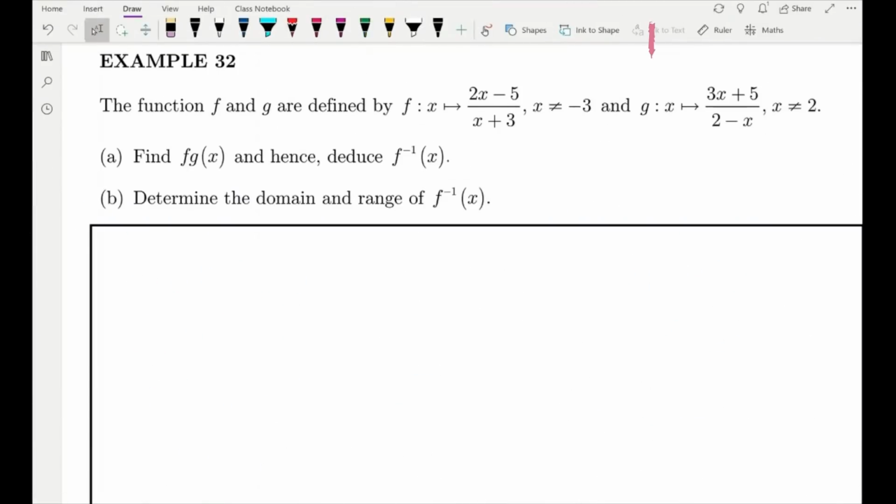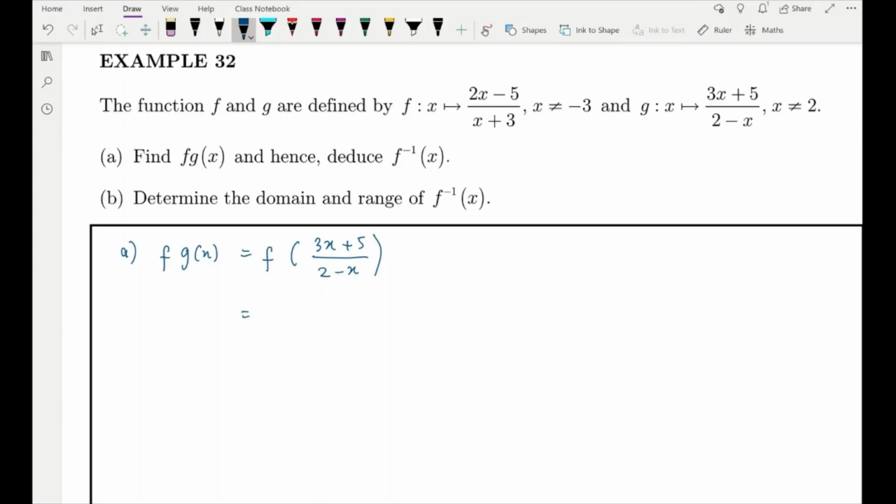For example 32, the functions f and g are defined by f(x) and g(x). Find fg, hence deduce f inverse. So the question is fg equals f, substitute g into f. g is 3x plus 5 over 2 minus x.